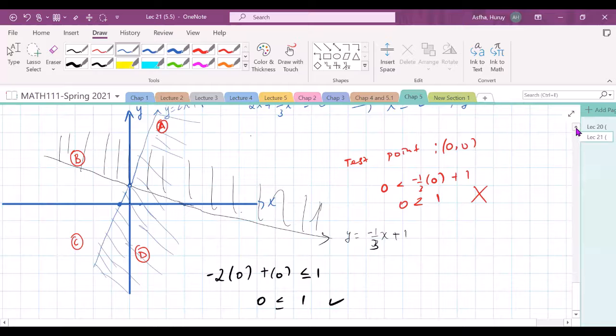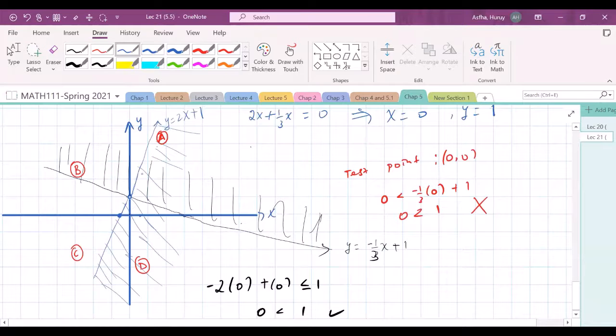Now let's look at both solutions and find the intersection. The first one, the shaded part, is the above, starting from here all the way to the right. And the second one is only this, to below. Out of all the four regions, which region is shaded with both inequalities?